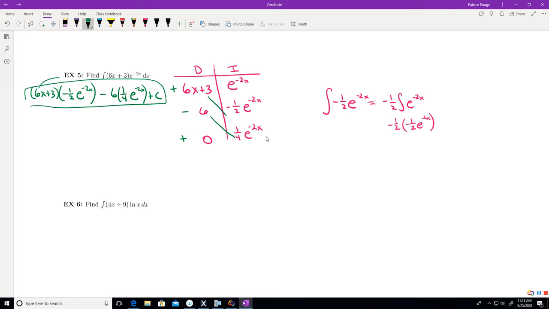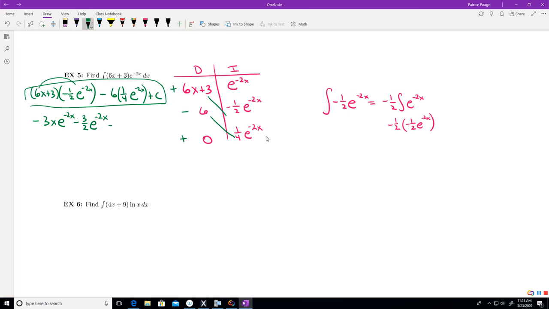If it's making you reduce this to type it in or whatever, you could multiply this through if you wanted to. So 6x times that would be negative 6x times, 6x times negative half is negative 3x e to the negative 2x. And then 3 times that is minus 3/2 e to the negative 2x.